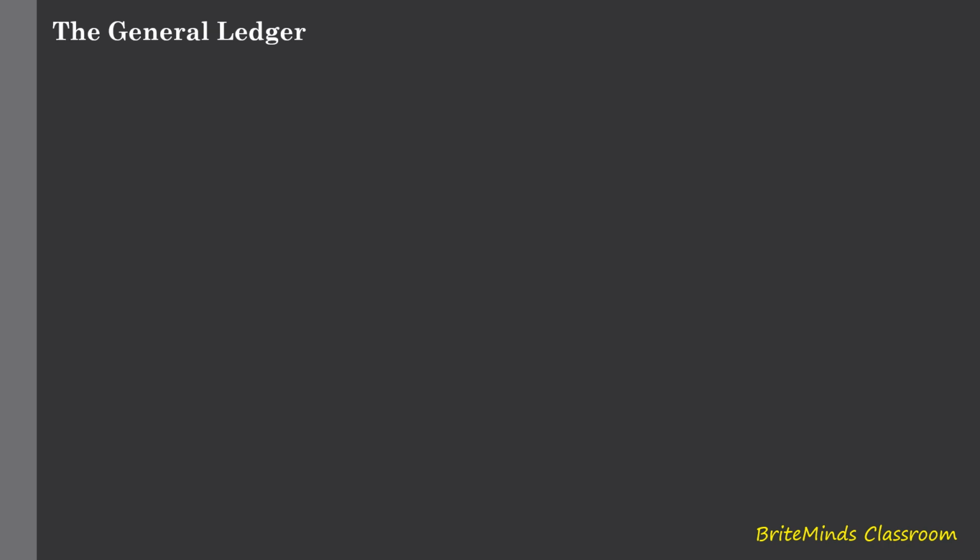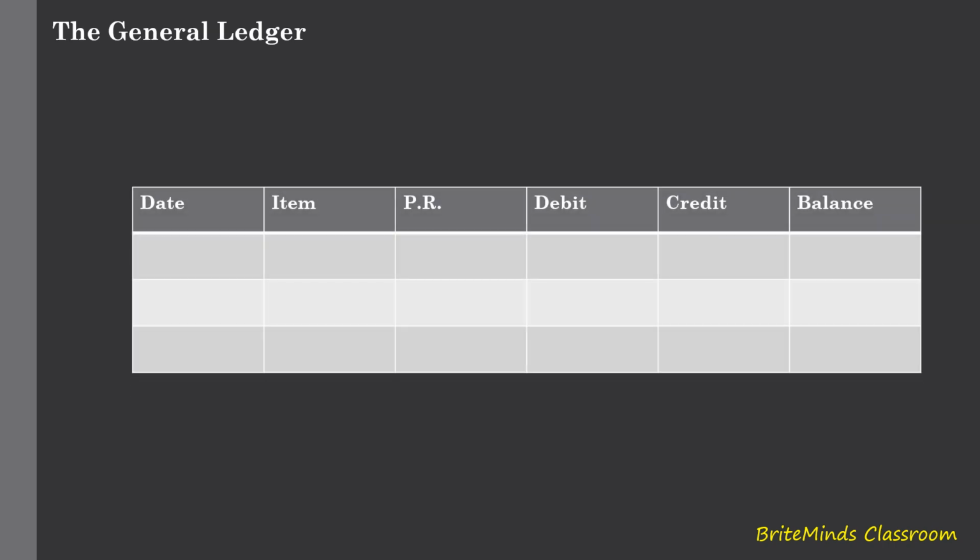I have here, guys, the format of the general ledger. The account portion refers to the account title, for example, the cash account, accounts receivable account, the drawing account, or the revenue account. And then we can see here also the account number.